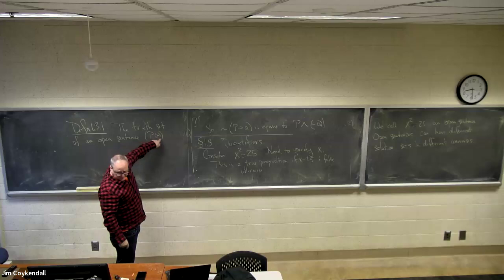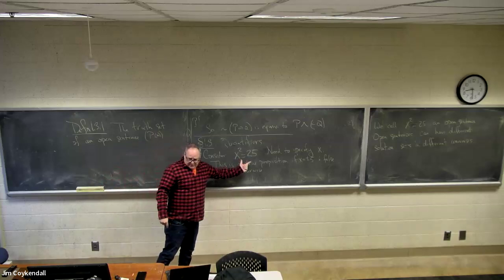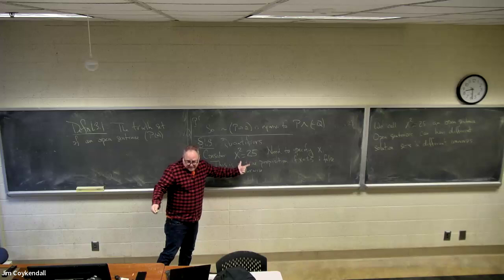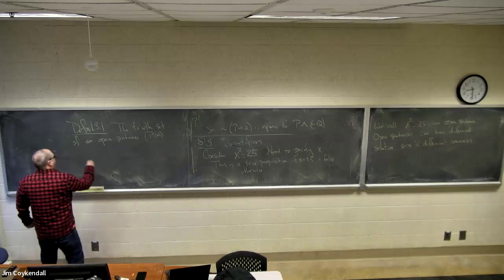So this is an open sentence involving some variable x, for example x squared equals 25. What is the truth set?